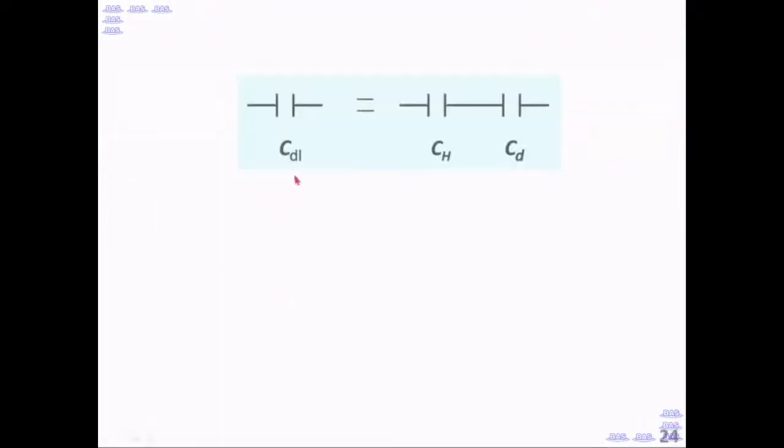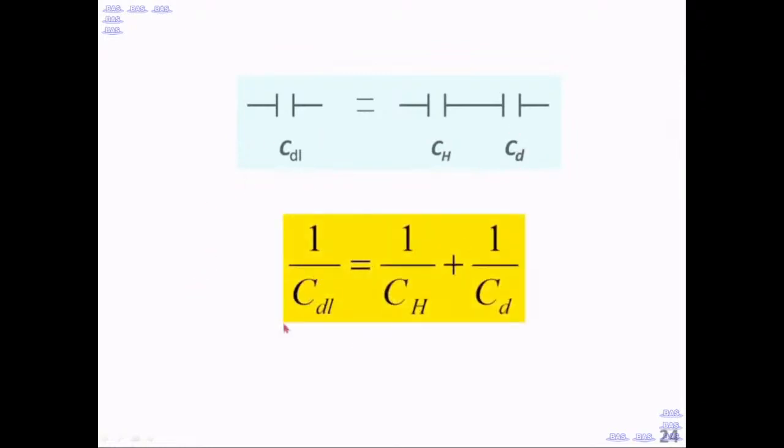Another point is double layer capacitance. The double layer capacitance consists of the Helmholtz layer and the diffuse layer.